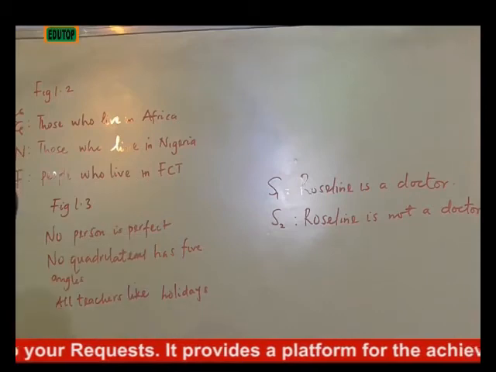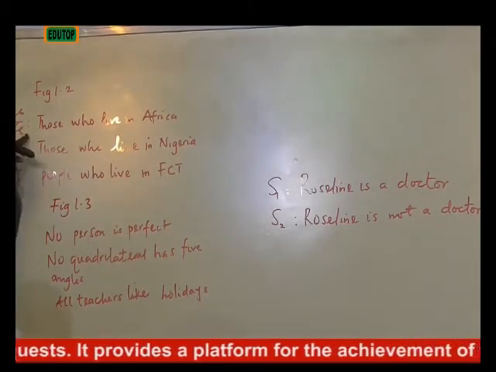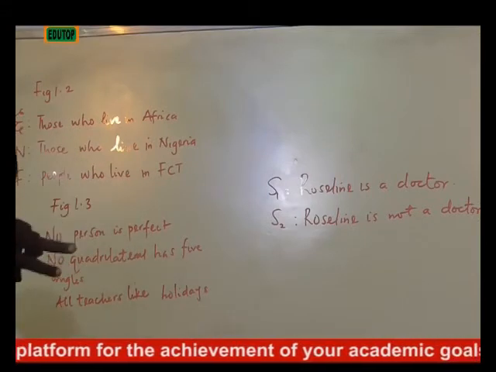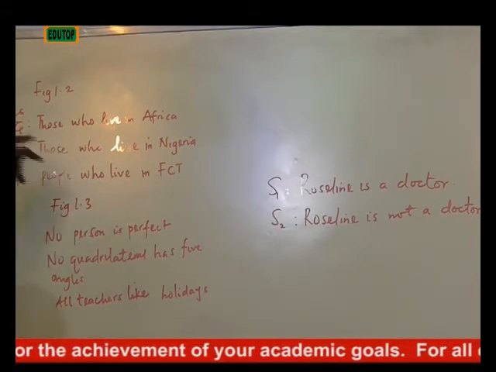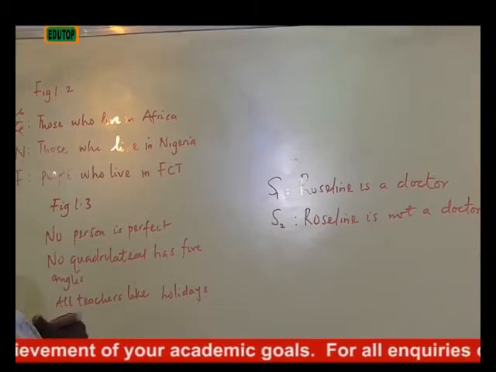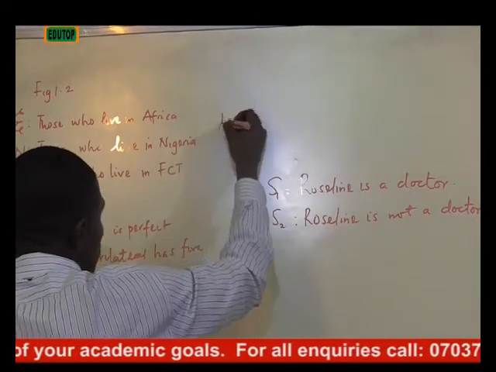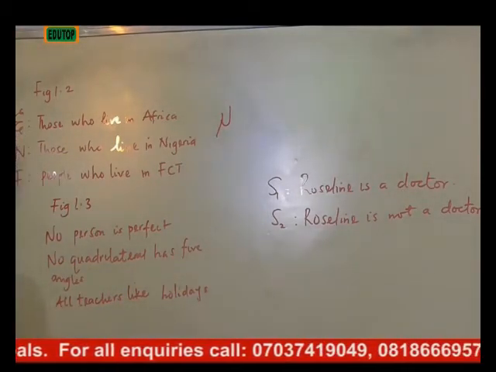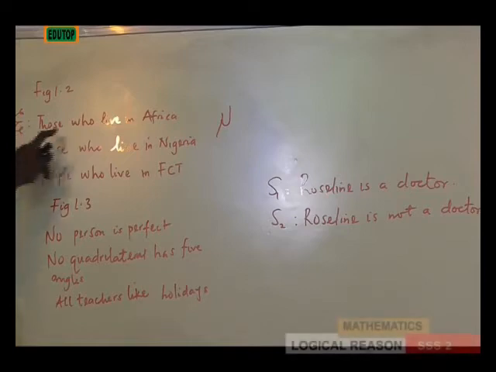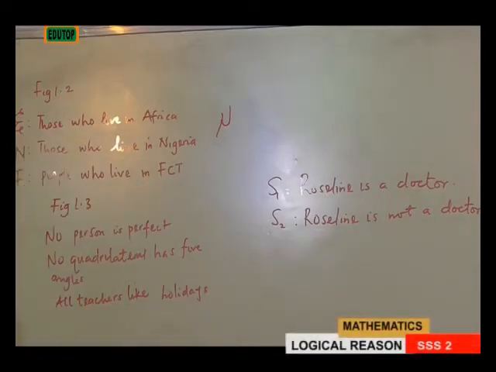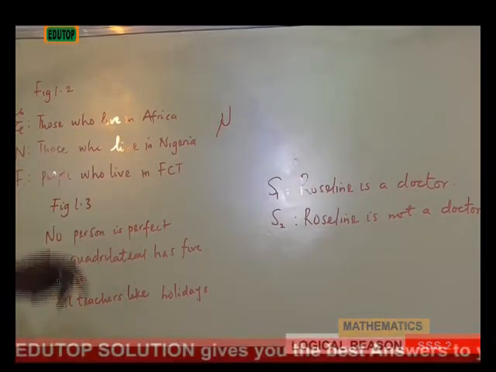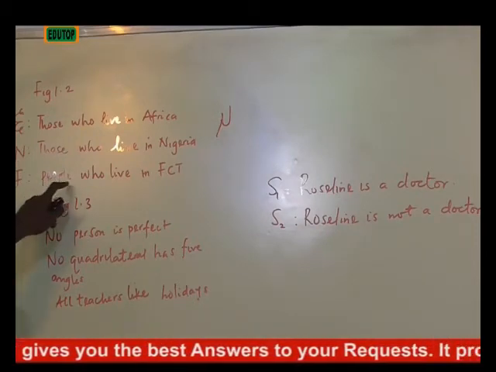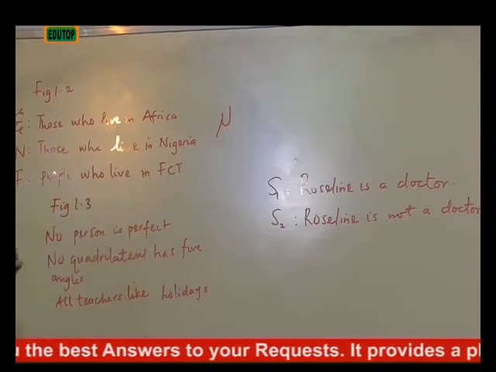In figure 1.2, we have this symbol, which some call the universal symbol, and sometimes it could be denoted by using mil. But here it is denoted like this. And the statement here says that A are those who live in Africa, N, those who live in Nigeria, F, people who live in FCT.